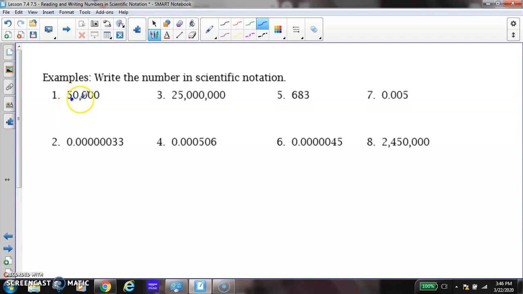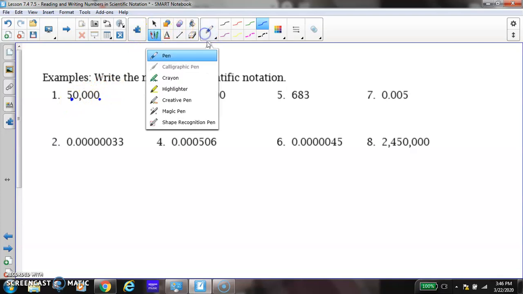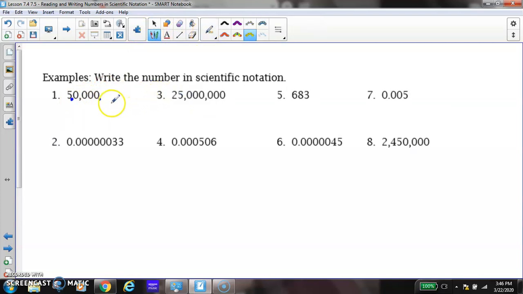I'm going to count from the end, how many places it's going to take me to get from this place to that place, and I'm going to do that with my smiley face again. Okay, so here I go. Starting here, 1, 2, 3, it takes me 4 places to get my decimal point in between the 5 and the 0.